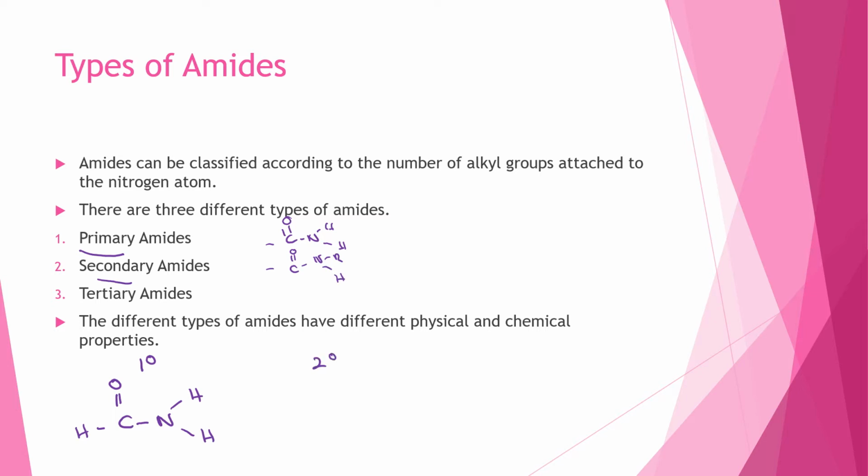So a secondary amide would look like this, for example. And a tertiary amide would have the 2 alkyl groups attached. So it would look like this. And this would be an example of a tertiary amide.